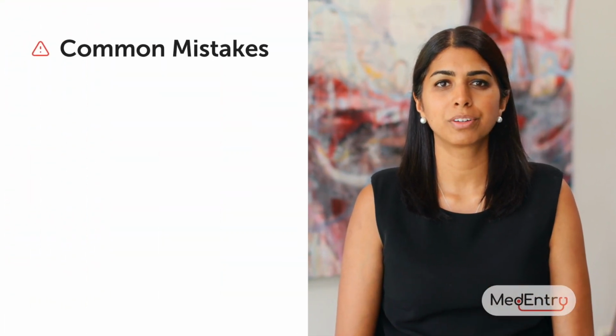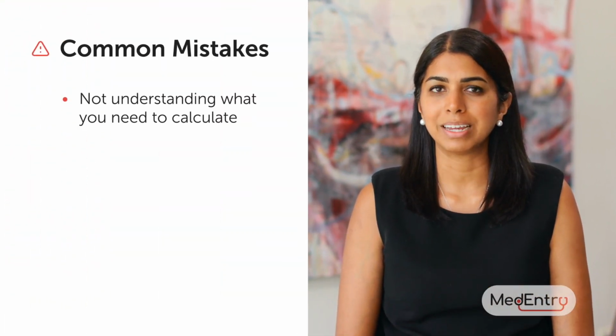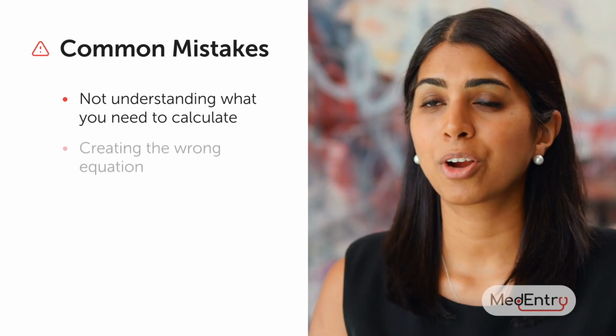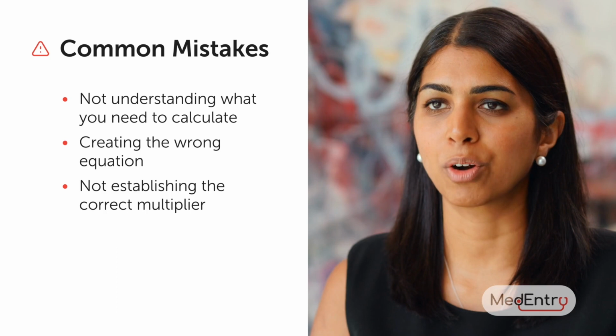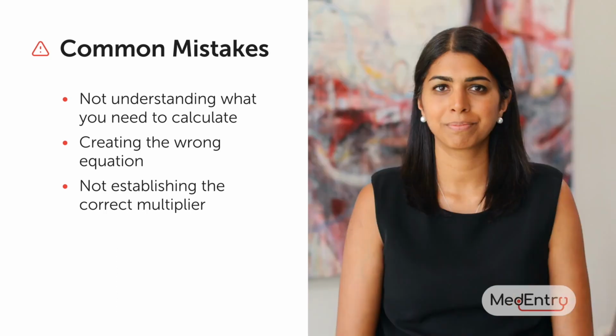It's common for students to make errors when working with percentages in QR. Common errors include not understanding what you need to calculate, creating the wrong equation, and not establishing the correct multiplier. Let's consider each error in turn.